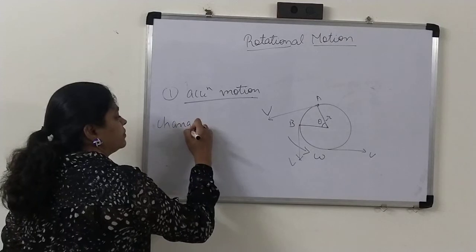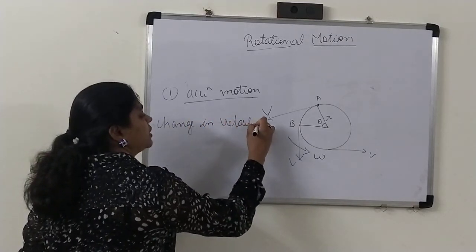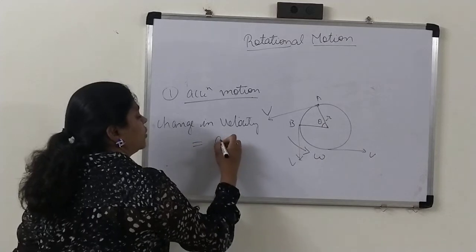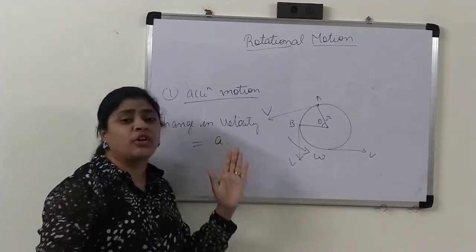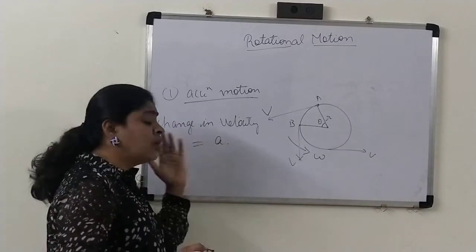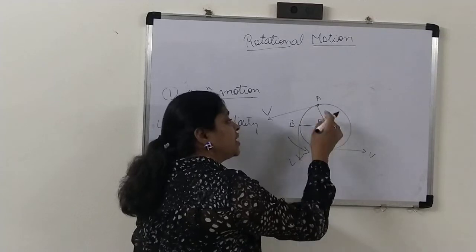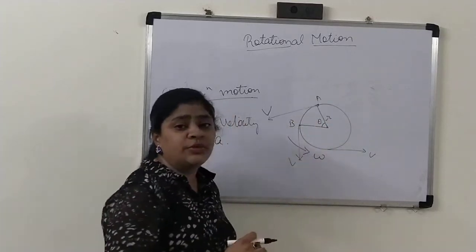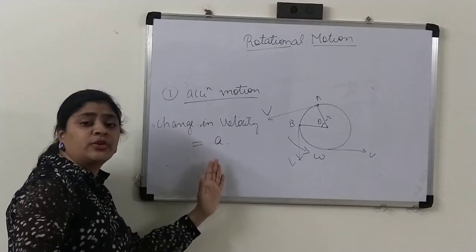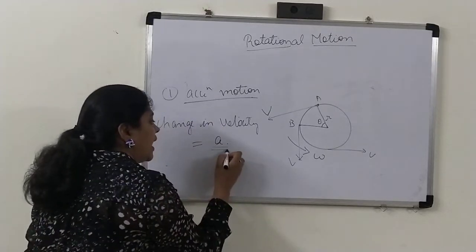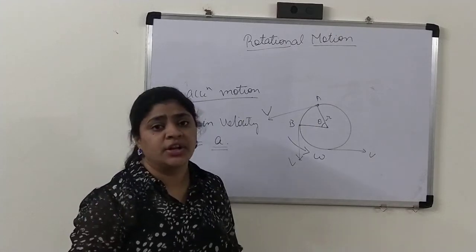Change in velocity with respect to time gives you acceleration. As the object's position is changing, obviously the time is changing. Hence you get change in velocity with respect to time, that is, acceleration. That's why it is known as accelerated motion.